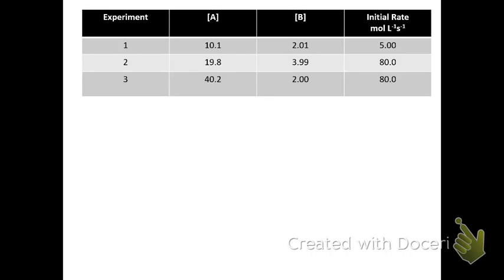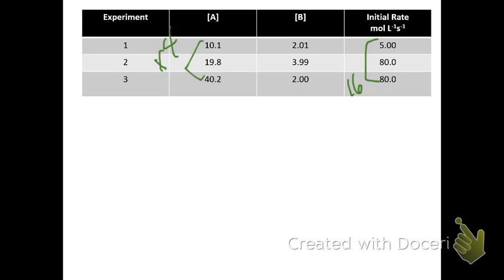Unfortunately, there is only one pair, 1 and 3, where B is essentially held the same. If I look at A and B in 1 and 3, I am multiplying A by 4, and when I multiply that by 4, I notice that my rate went up by 16.